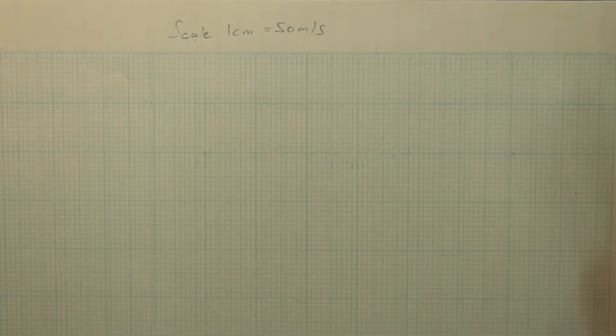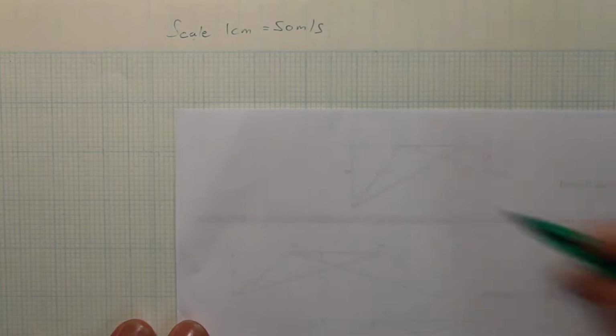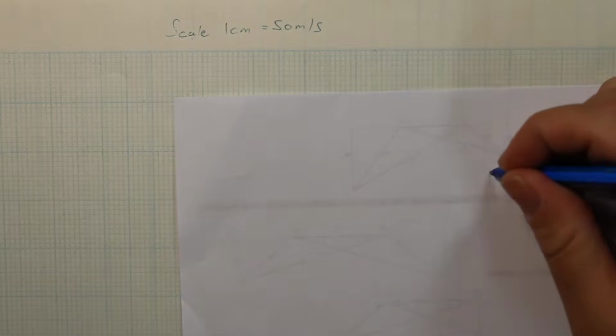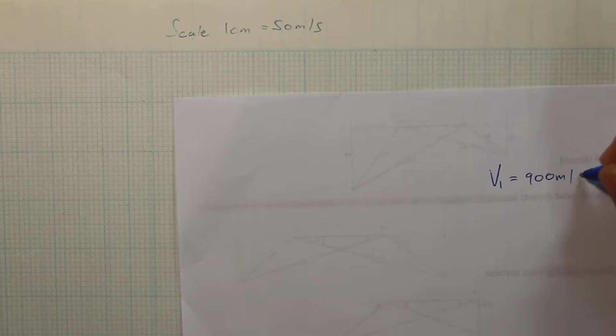And then we're going to answer these problems afterwards. So first of all, we can write down the information. Let me use this page here to write this information down. They say that our V1, which is the velocity at which the steam is coming in, is 900 meters per second.